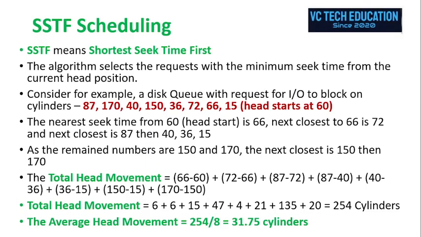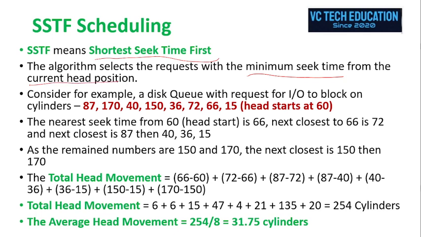Next comes SSTF, which means shortest seek time first. The algorithm selects the request with the minimum seek time from the current head position.